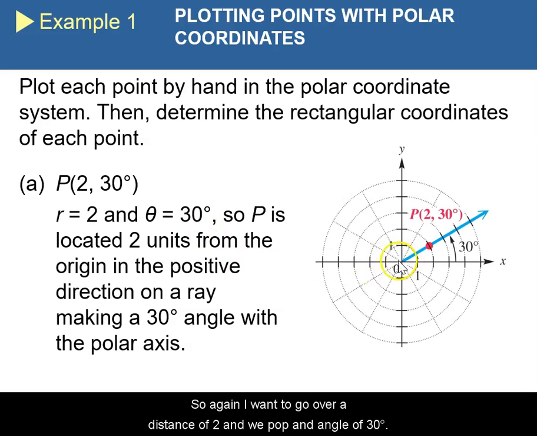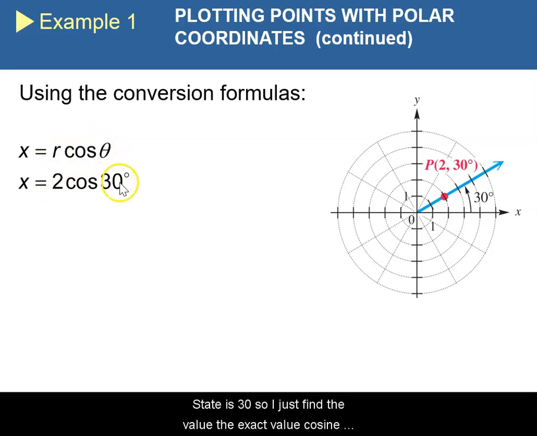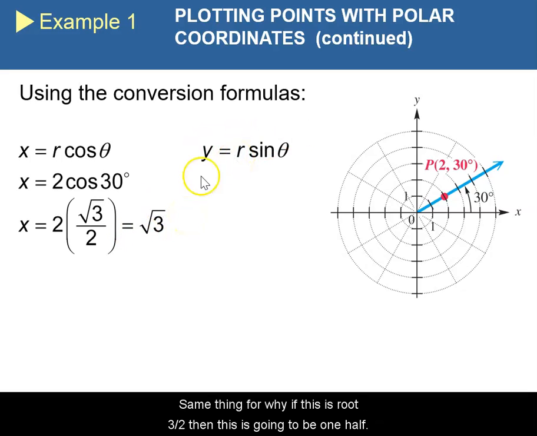Okay, so again, I want to go over a distance of 2 and sweep up an angle of 30 degrees, okay? So using my conversions, x is r cosine theta, r is 2, theta is 30, so I just find the exact value of cosine 30 degrees, and I plug that in. The 2's cancel, so I get x is square root of 3. Same thing for y.